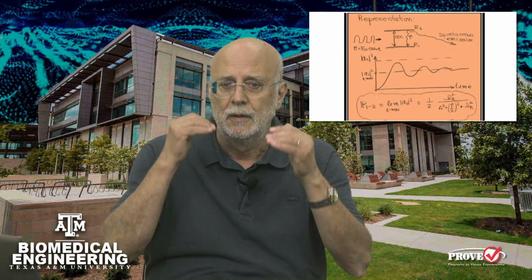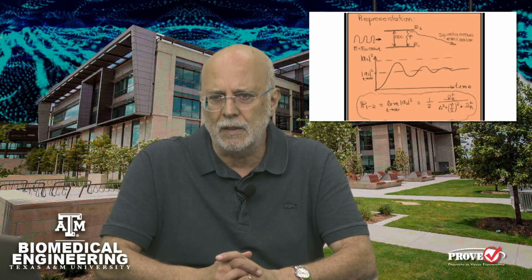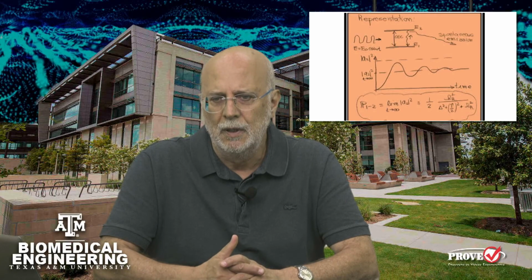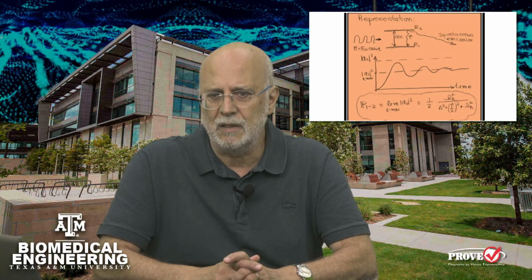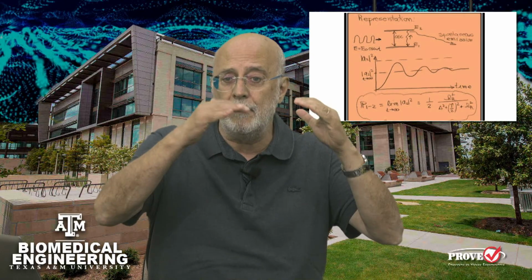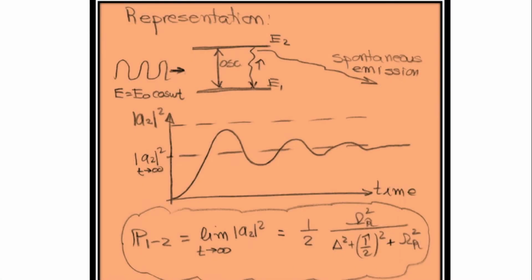And therefore, because of this dissipation, the system cannot oscillate forever, because there is a moment where any energy I try to put in to make the oscillation is lost.